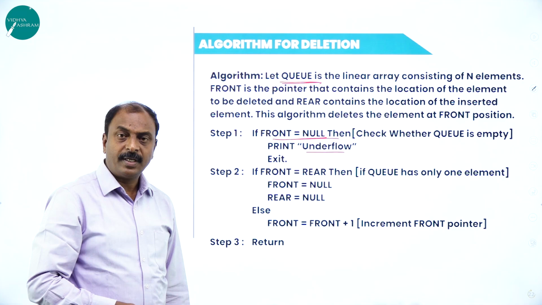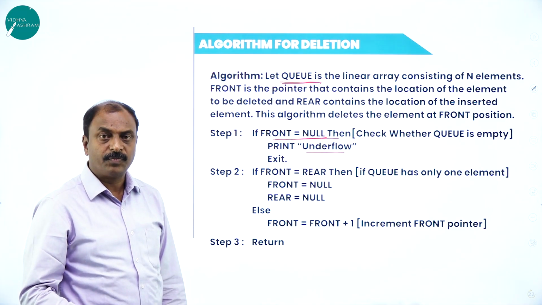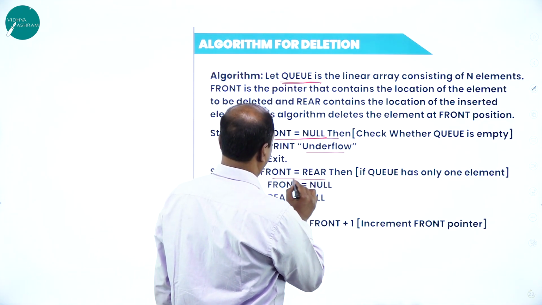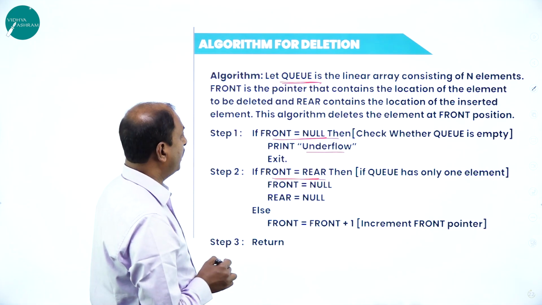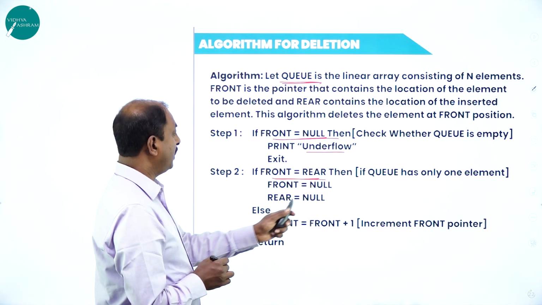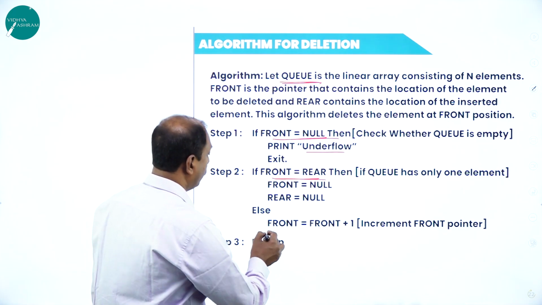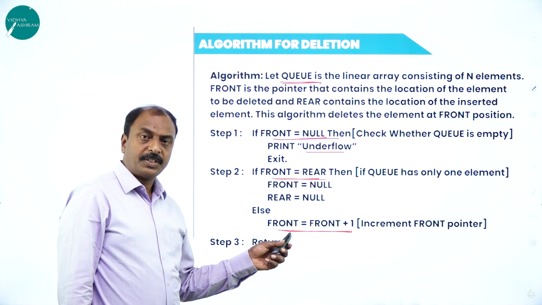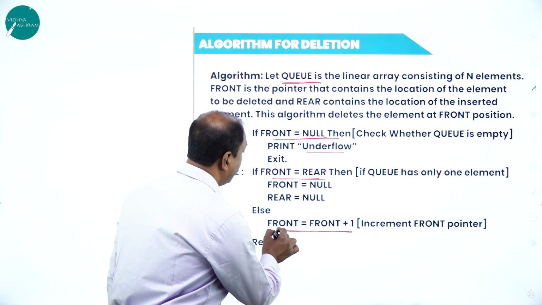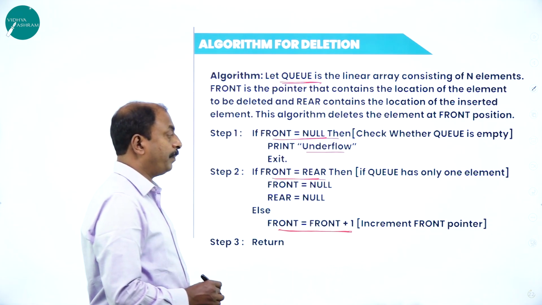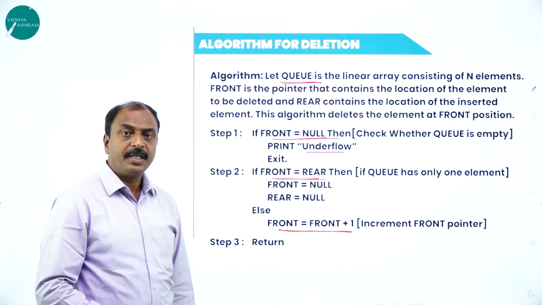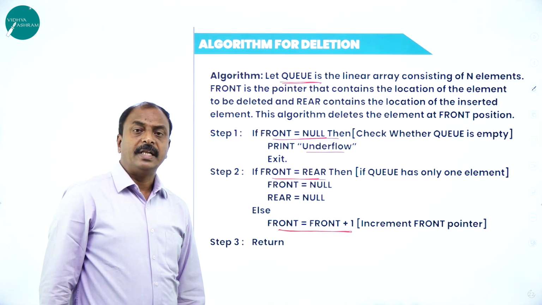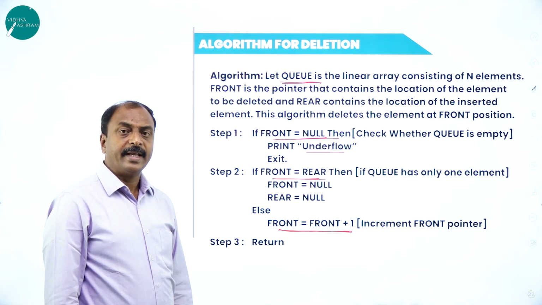Once it is empty, there is no question of removing any data item from the queue. Then, if front equals rear, then front equals null and rear equals null, else front equals front plus 1. So in the deletion operation in a queue, we increment the front pointer by +1. It means that we are deleting the data item at the front pointer. So this is the algorithm for deletion of an item from an existing queue.